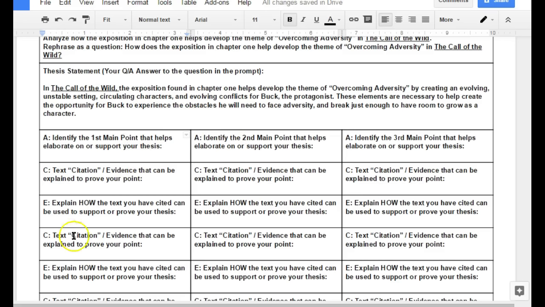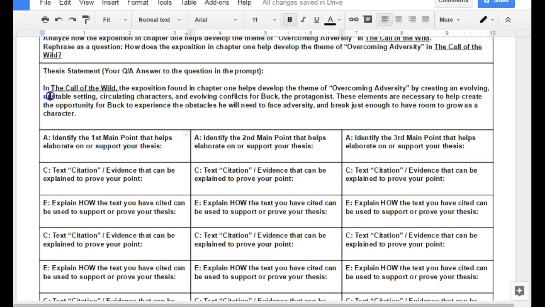On just that setting, and really getting into the who, the what, the how, the why of the setting and the importance of all of those things. The same thing here with circulating characters. This is worth its own paragraph. And the evolving conflicts, it deserves its own inspection and analysis.